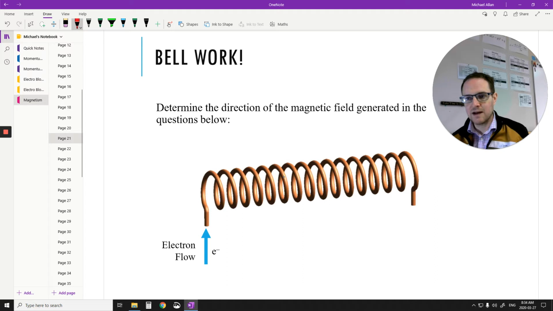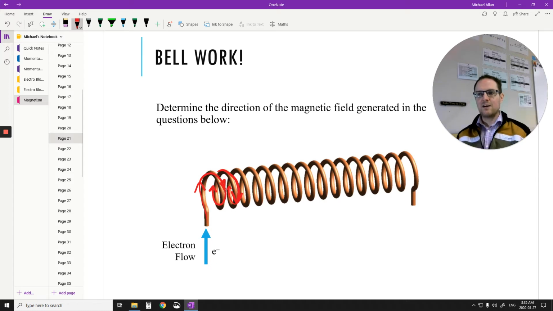The electrons are going up the wire. They're going up the back side and then down the front side. So they go up the back side, over the top, down the front, and then up the back side again. They're going to continue this kind of pattern.